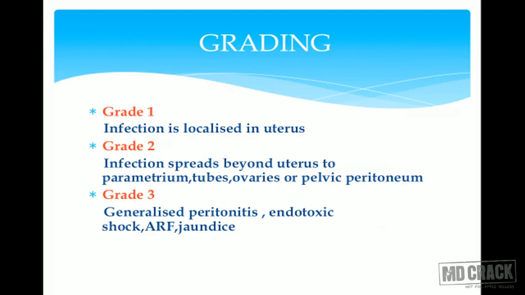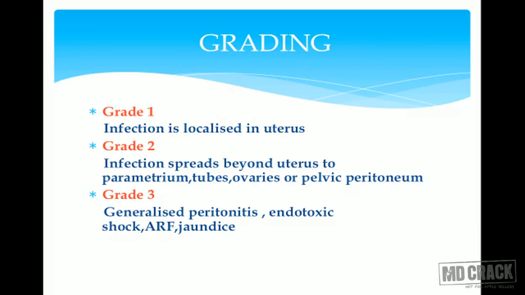Now there are grades depending on where the infection is. Grade 1, if the infection is localized in the uterus. Grade 2, if the infection spreads beyond the uterus, that is to the parametria, tubes, ovary, or pelvic peritoneum. And grade 3, there is generalized peritonitis, or maybe endotoxic shock, or acute renal failure, or jaundice.